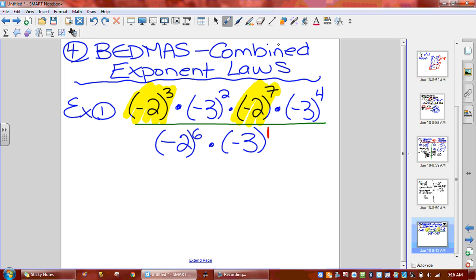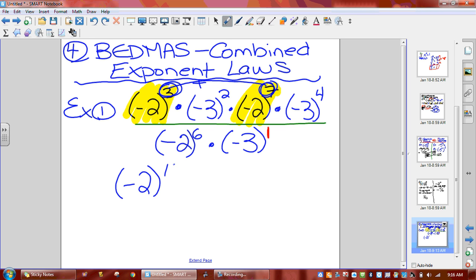So, I'm going to have negative 2. How big is my exponent on top of my negative 2s? We're going to take the 3 and add it to the 7 because we're multiplying. Multiplying means add the exponents. So how many do I have on the top? 10 of them. Good.